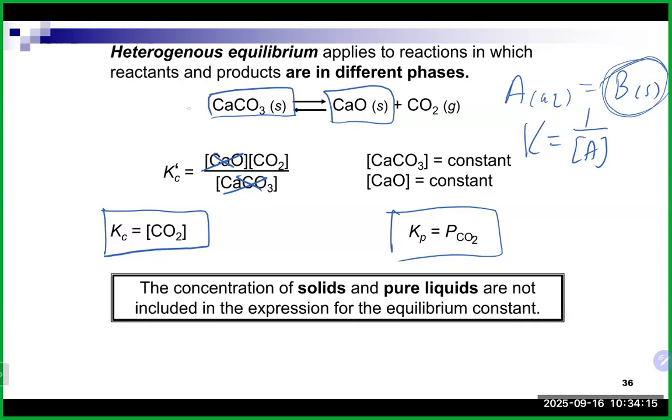And again, in this case, we could write two equilibrium expressions for it, Kp and Kc. We could write the Kp in this case because we do have a gas involved. The solids on the reactants don't work.